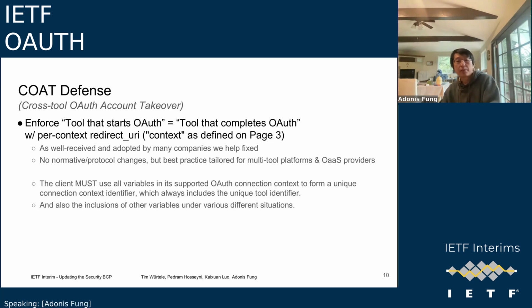And at the redirection endpoint, where we got an authorization response, we got a code, at that moment we also have to ensure that this is the same tool that is supposed to receive an auth code at this moment. If we figure that there is something misaligned or mismatched, we should abort this connection.